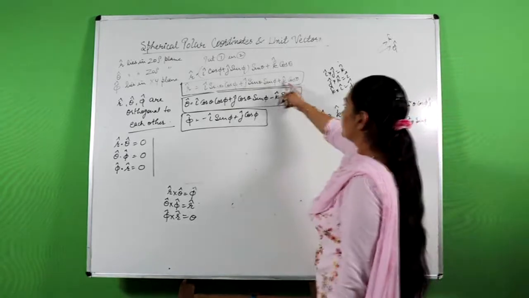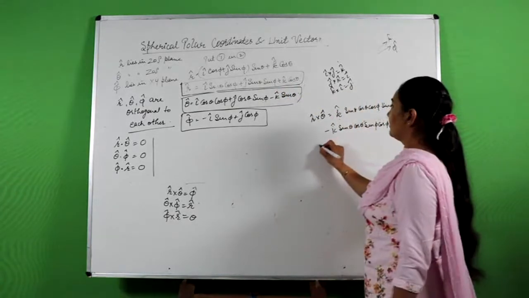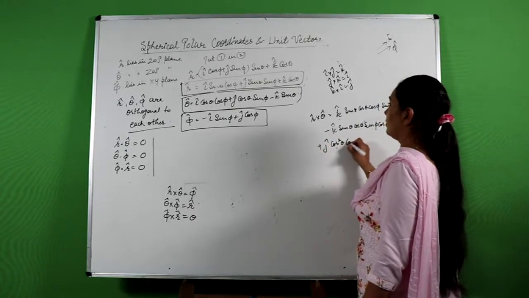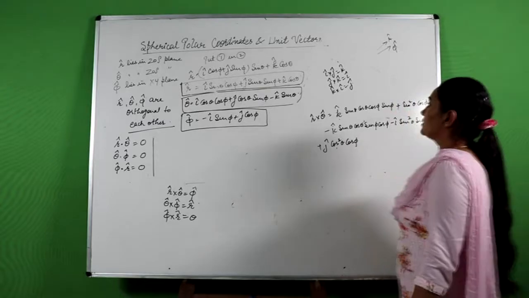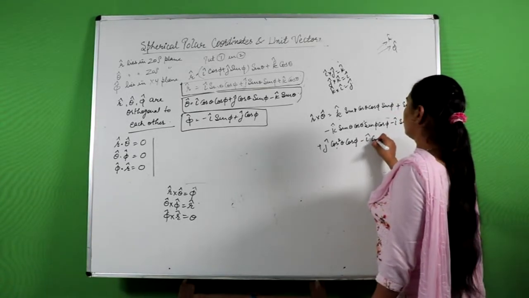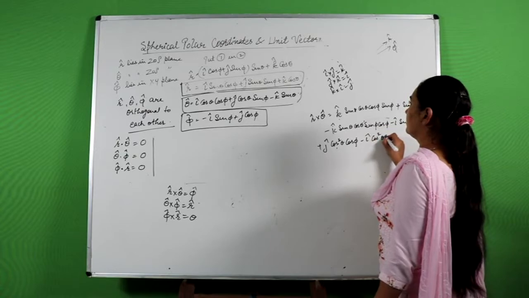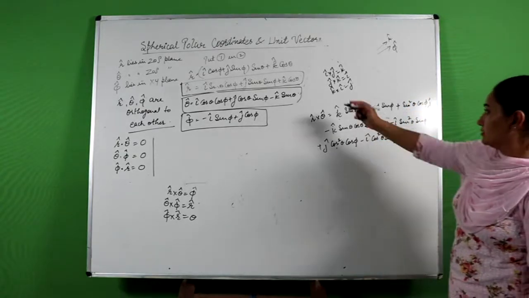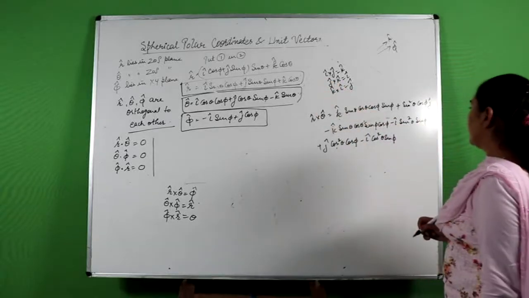Now similarly for the k cap, k cross i gives me j, cos square theta cos phi, and k cross j gives me minus i, so this will give me cos square theta sin phi, and k cross k will give me 0 in the third part.